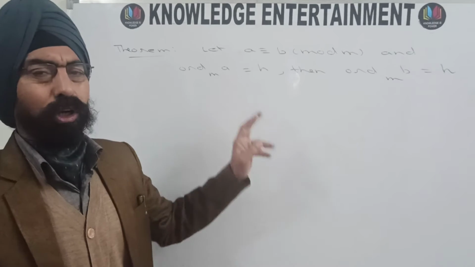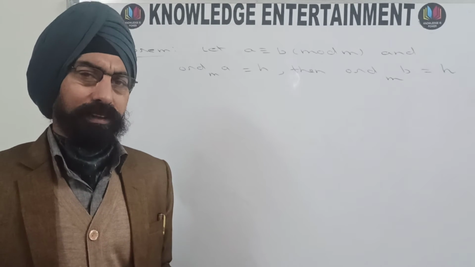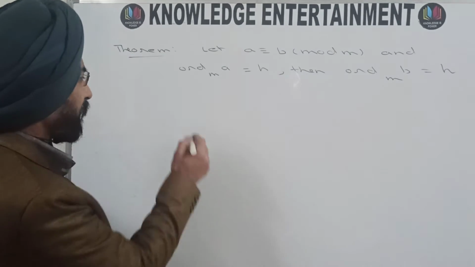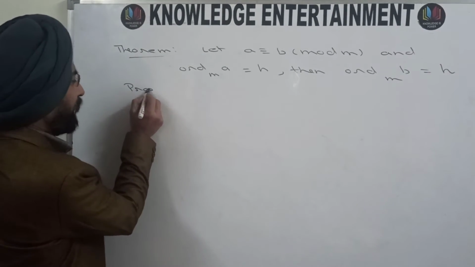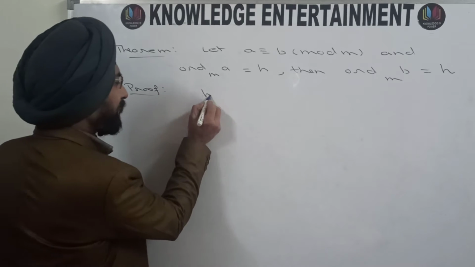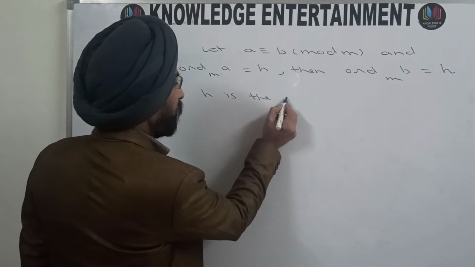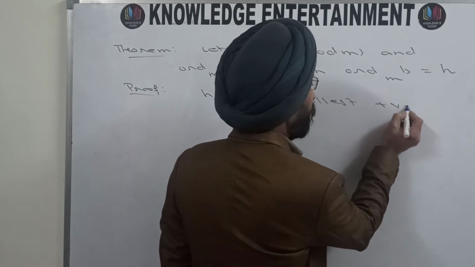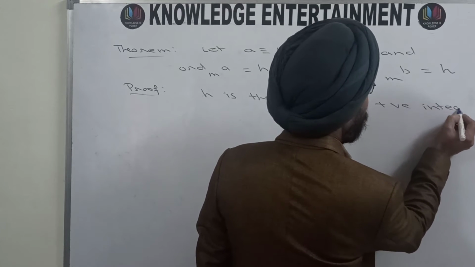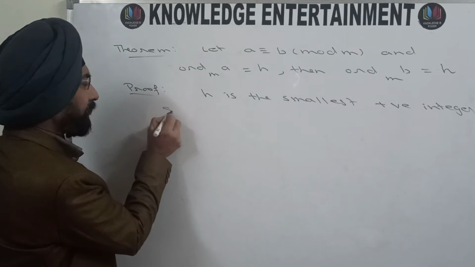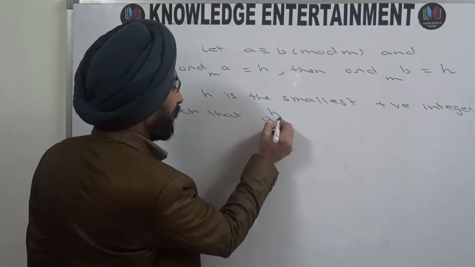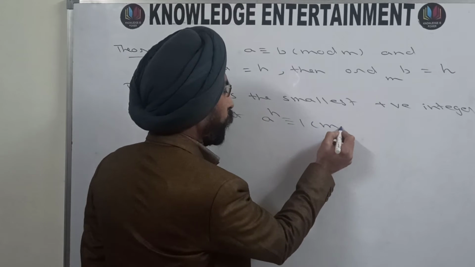That means h is the smallest positive integer such that a raised to the power h is congruent to 1. So this is given; for the proof I am writing that h is the smallest positive integer such that a raised to the power h is congruent to 1 modulo m.